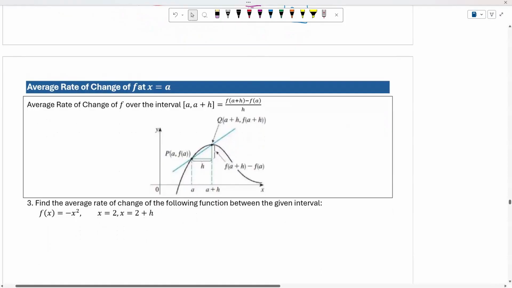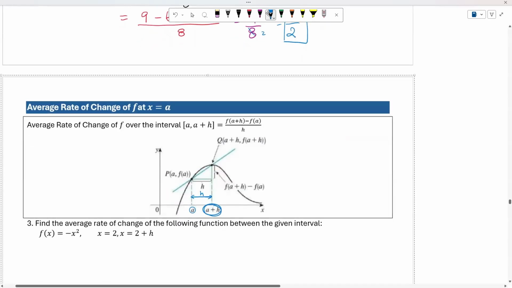And now another way to talk about the average rate of change of f at A is, instead of giving you the B, we give you a distance, okay, H. So if you start with x equal to A, and then you add the distance H, meaning the next point or the next number, it will be A plus H. So that means this point A corresponds to the output f of A. To x equal to A plus H, the output will be f of A plus H. Okay.